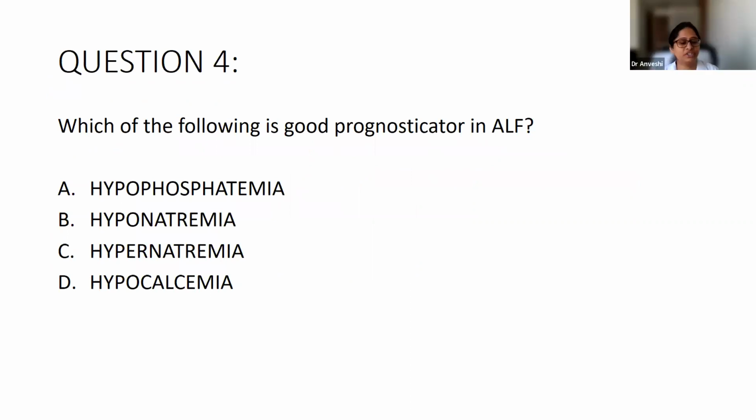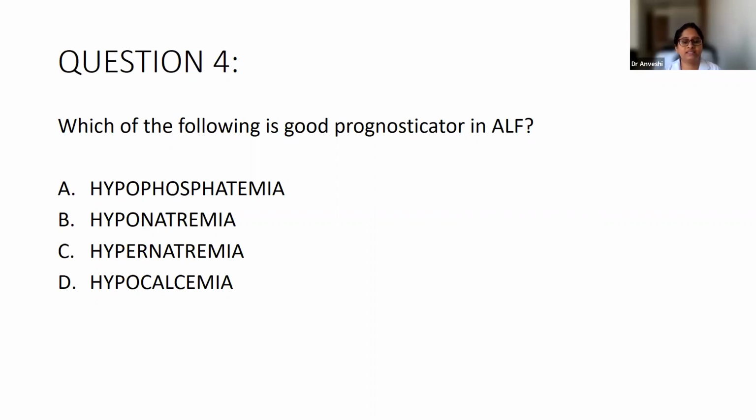So our next question is, which of the following is a good prognosticator in acute liver failure? Is it hypophosphatemia, hyponatremia, hypernatremia, or hypocalcemia? What do you think is the correct answer? Type it in the chat box.